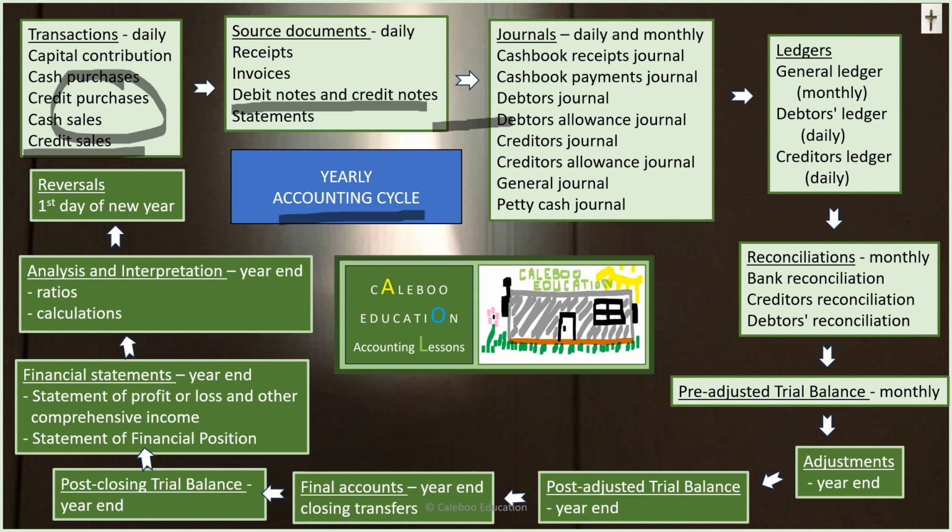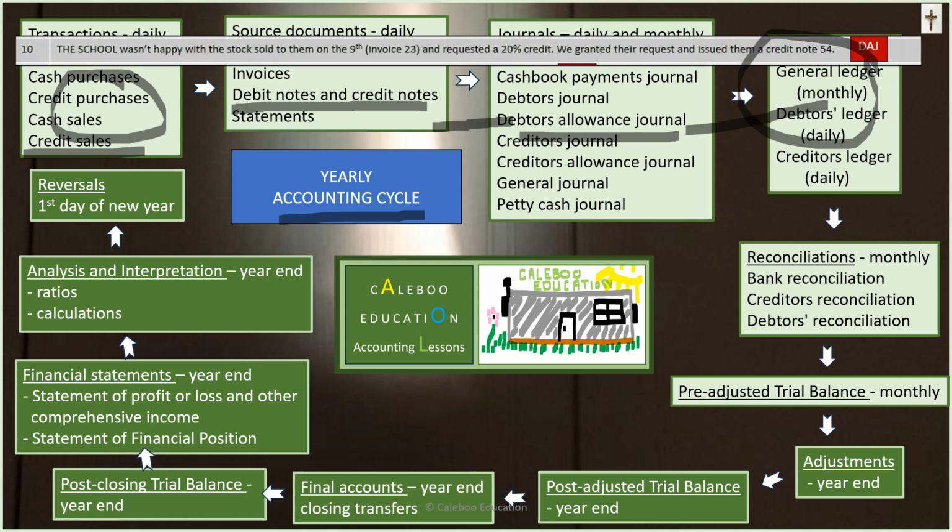From the documents we're going to record this information in the Debtors Allowance journal or the Sales Returns journal. And from the journal I will show you how to take that information and put it into the general ledger.